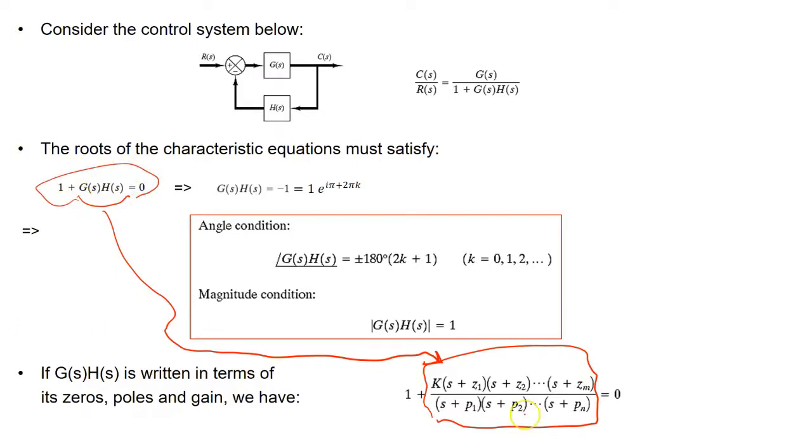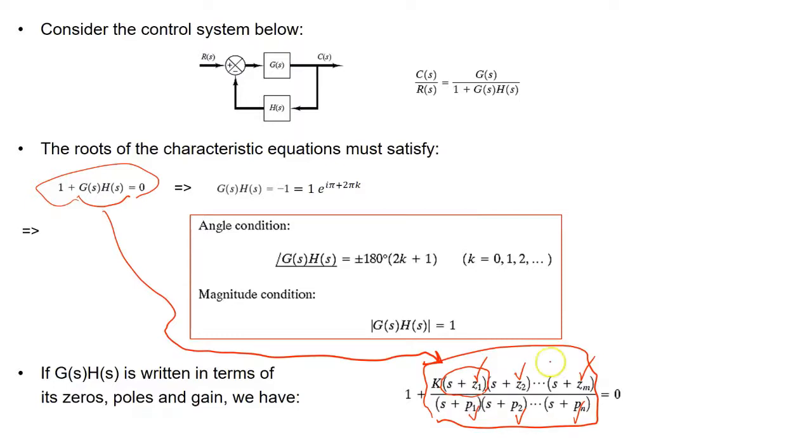So if we plug it here, what happens to this magnitude condition? This term has some magnitude, right? Because Z is a fixed location. Z is the zero of this transfer function G times H, so it's a fixed known number. Z1 is known, Z2 is known, Zm is known, all the way to the P's. So these are all known, right? We'll see in an example right in a minute.